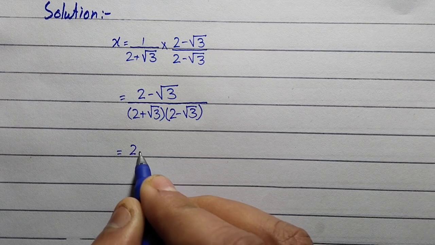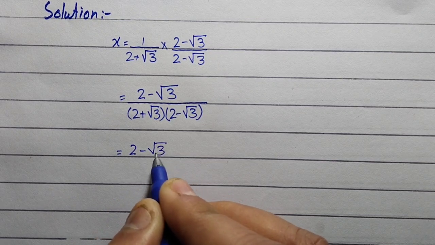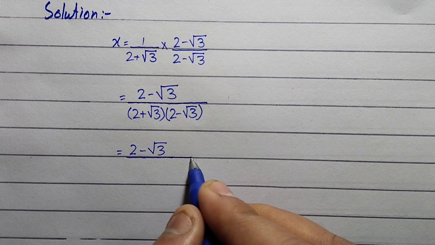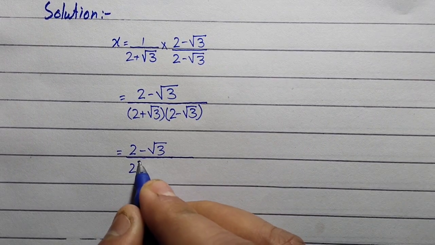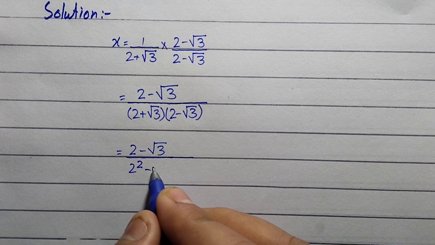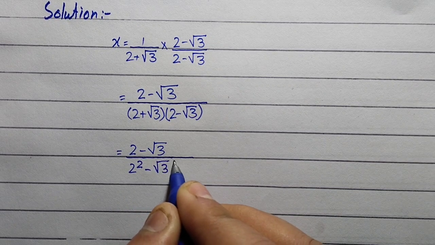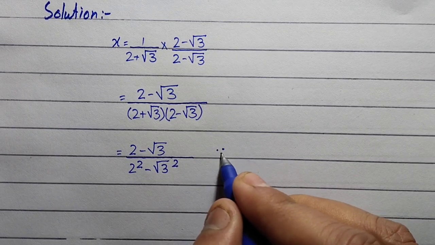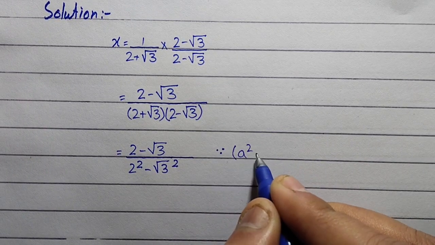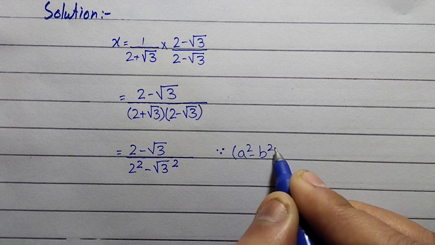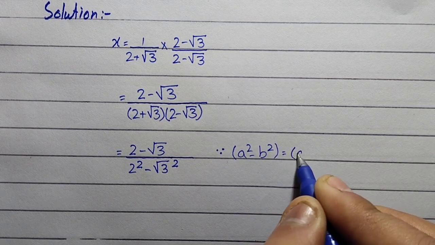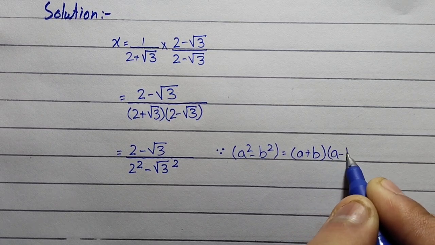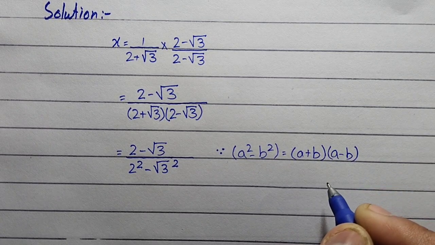We can simplify this like this: 2 minus root 3 over 2 square minus root 3 square. We know that a square minus b square is equal to a plus b times a minus b.